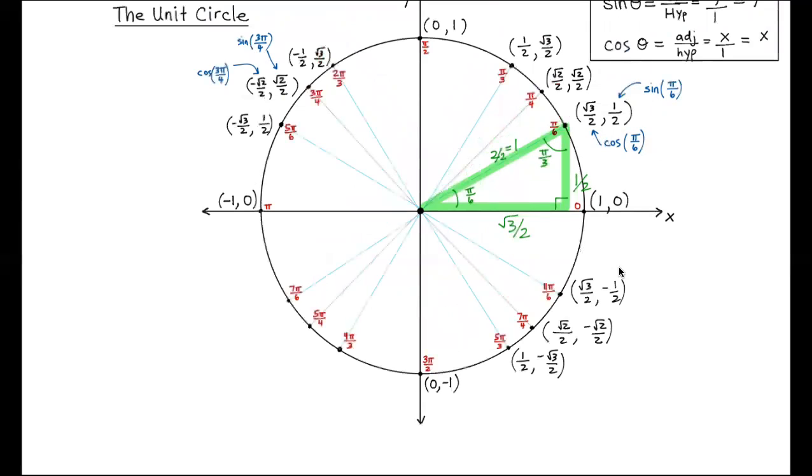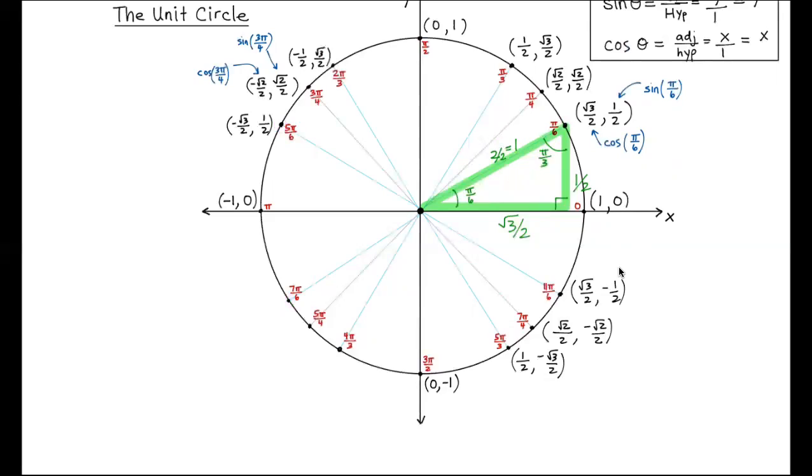And if we go all the way over to quadrant 3, this point is a sister to this one here. They have the same x coordinate, minus root 3 over 2, but the y values are negative.